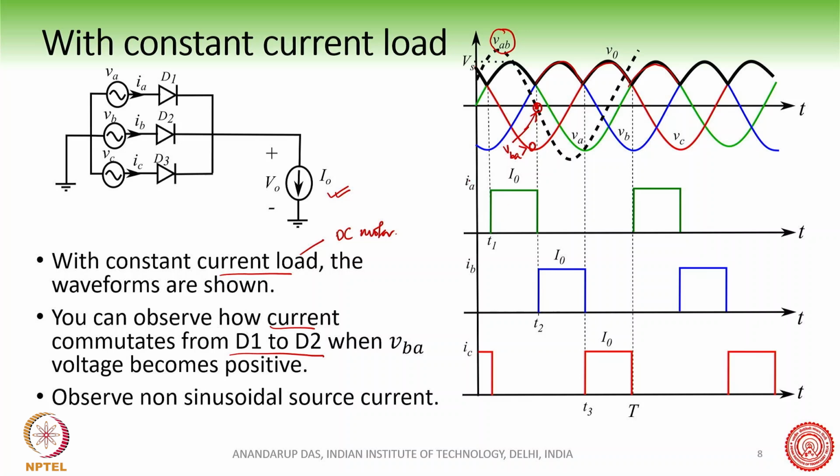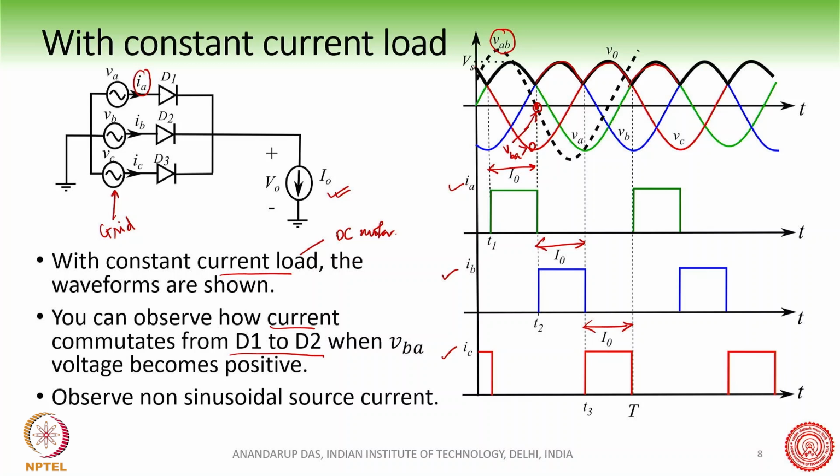Now if you see the input current waveform, or the source current waveform, this is the grid, the three-phase grid, and the current drawn from the grid is given by IA, IB and IC. IA is conducting only during this period where D1 is conducting, B phase is conducting only during this period, and C phase is conducting during this period.